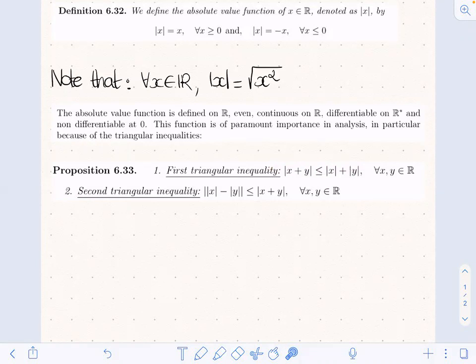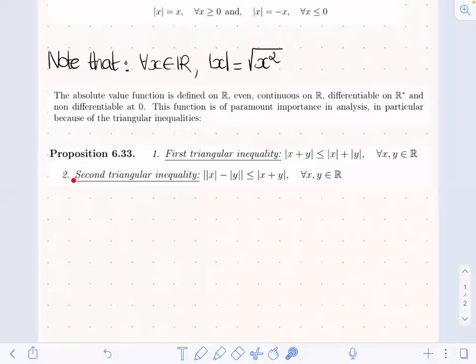And the second one is one that we've proven in some tutorial exercises, I think in chapter 5, in a specific setting. These two inequalities you'll come across quite a lot, and they allow you to upper bound and lower bound the absolute value of the sum of two values.